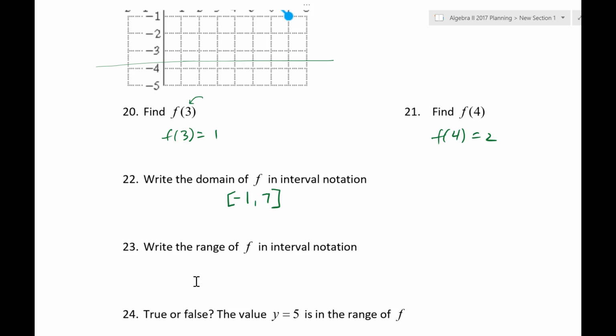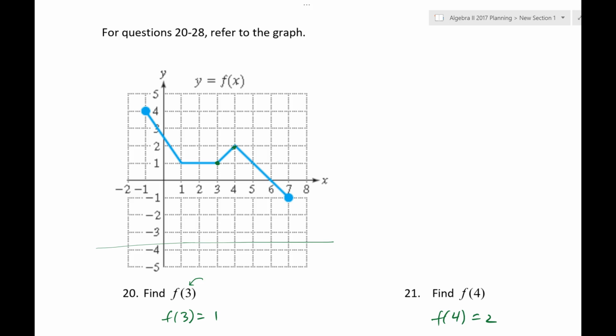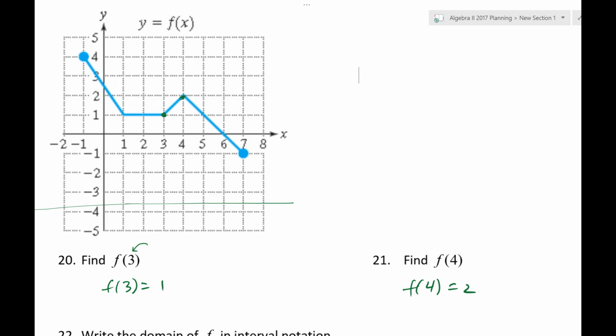Next, find the range of f in interval notation. We're going to go through a similar process, but now we're going to think about just the y dimension here. So in this y dimension, when we're going up and down, if I start looking from the bottom up, we can see that the smallest possible output here is -1.